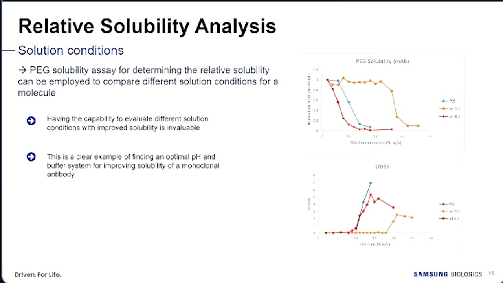In this example, there is a clear indication for promising pH and buffer conditions for the molecule. This could be an option with limited material amount to evaluate solubility properties under different solution conditions.